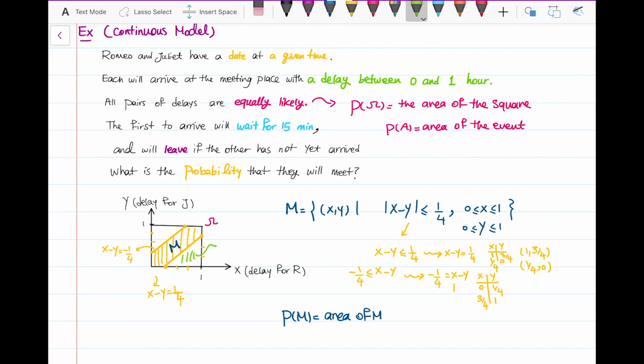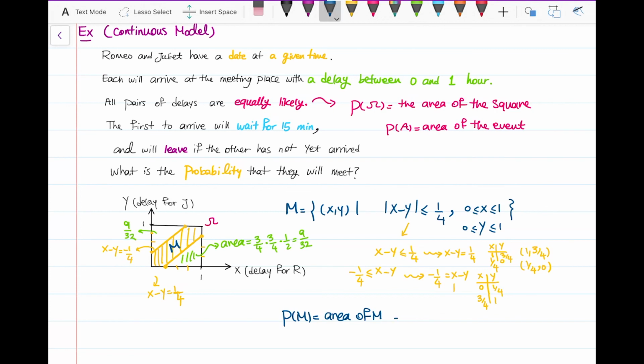Okay, so what is the area here? The area here would be the length of the base, 3/4, times the height, 3/4, times 1/2. So this is 9/32. And this is the same thing in here. The area is 9/32.